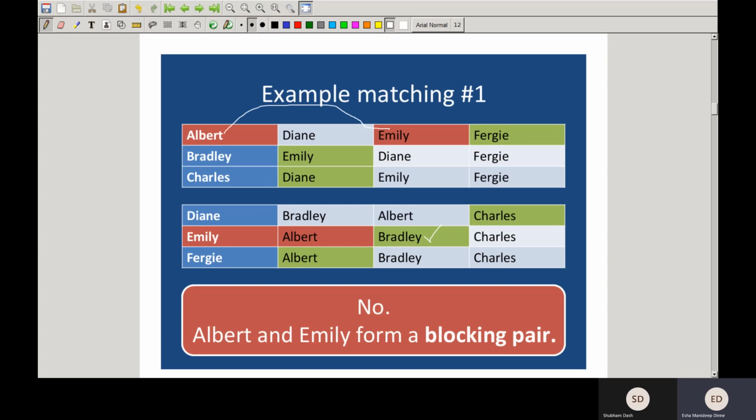And Albert also prefers Emily more than his current match, Fergie. So from the definition, we can clearly see that Albert and Emily form a blocking pair because they prefer each other more than whoever they are currently matched with. This is an example of a blocking pair.